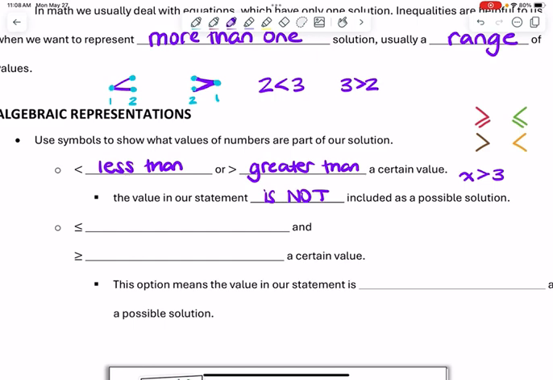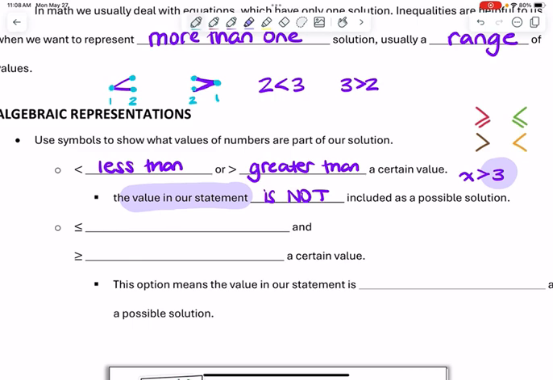All of those values for x satisfy the inequality, meaning they make the inequality true. But the value in our statement, specifically 3, is not a possible solution because 3 is not greater than 3.